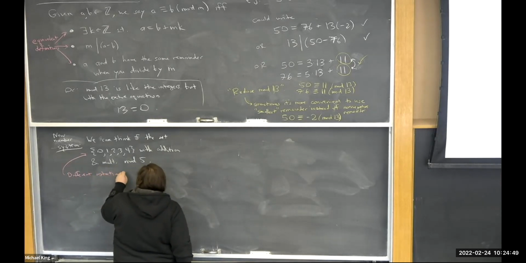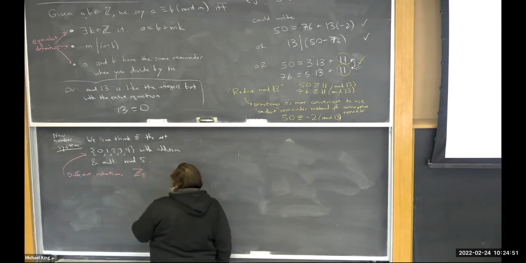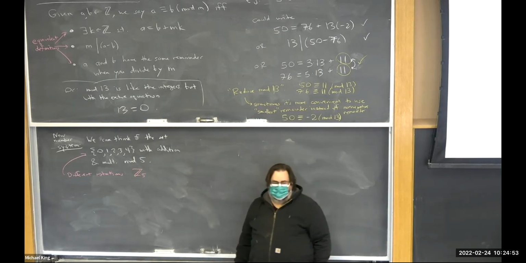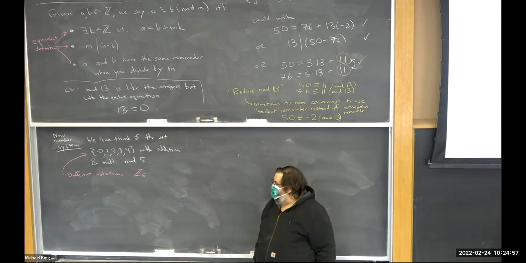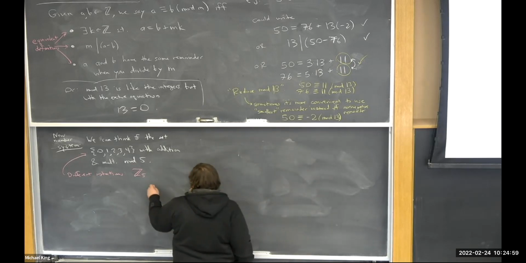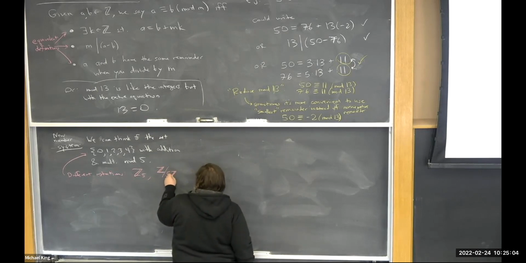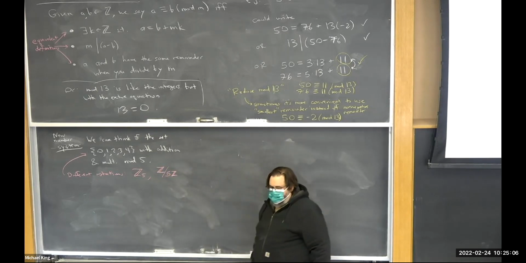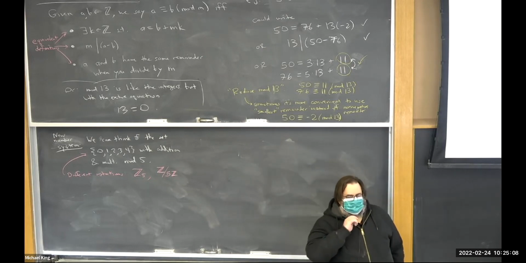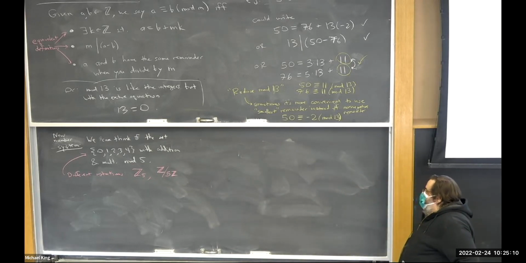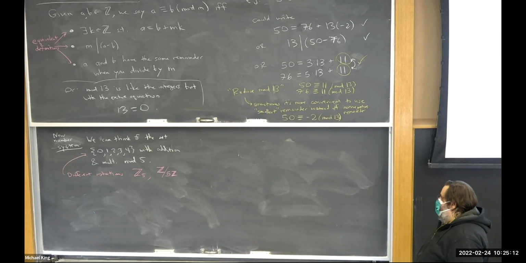Some people just write Z sub 5 to represent that set with that definition of addition and multiplication. If you go on and take abstract algebra, you'll write it this way. If you take the rings and fields class, some people write Z mod 5Z. Kind of a weird, a little bit of a weird notation.